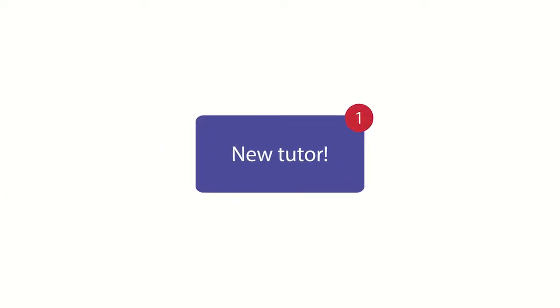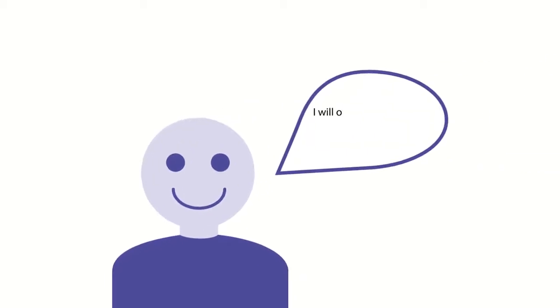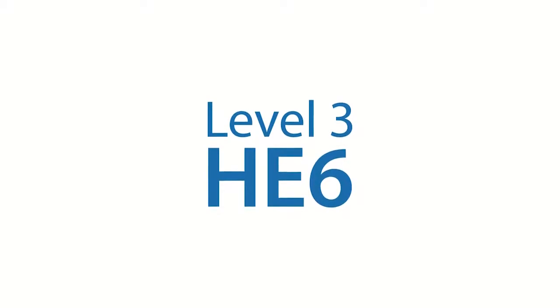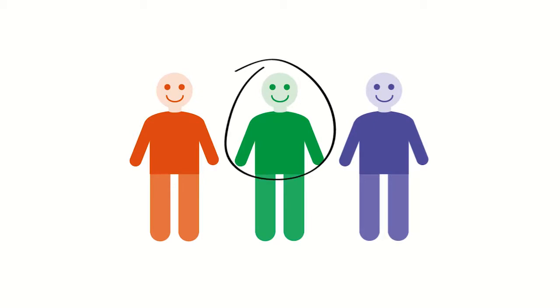When you enrol on another course unit with the OCA, you'll be allocated a different tutor. This is because there is benefit to you from receiving different but complementary insights on your work. At Level 3, HE6, you'll have the opportunity to indicate a preference for a tutor on the list approved for that course unit. Whilst the OCA will endeavour to make that tutor available, it will not always be possible.